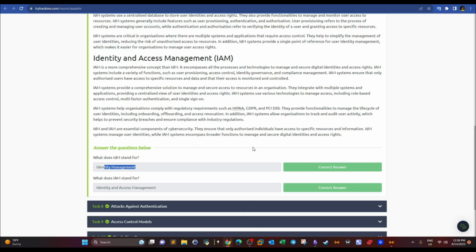That's the core concept of both. But IAM, or identity and access management, expands on identity management by providing broader aspects such as specifying permissions, specifying roles, onboarding and offboarding, and revoking access.